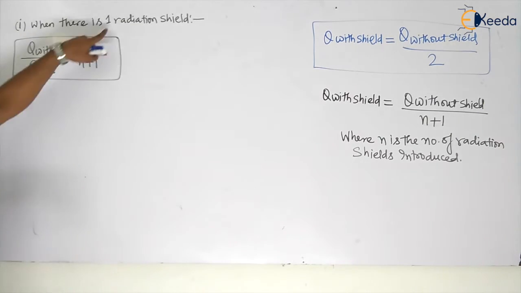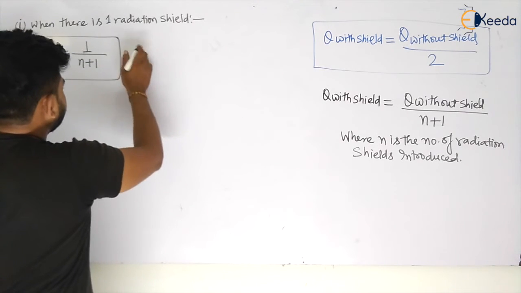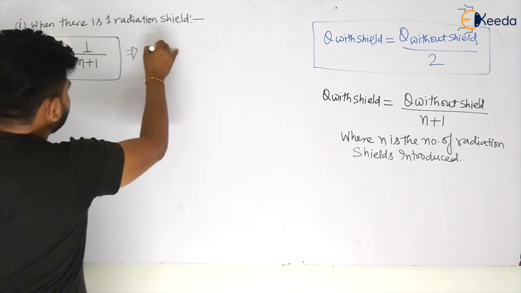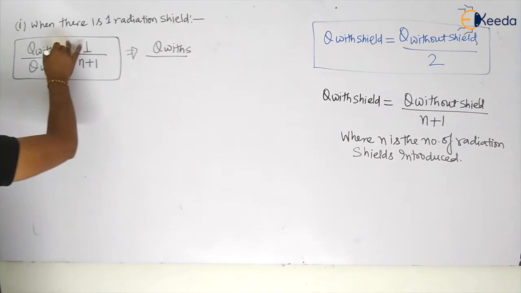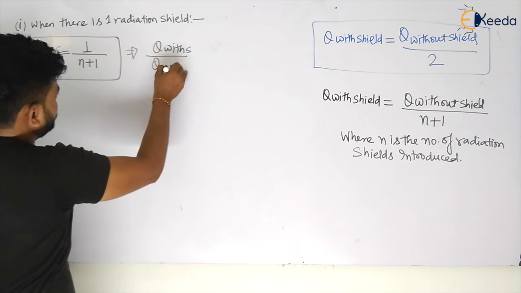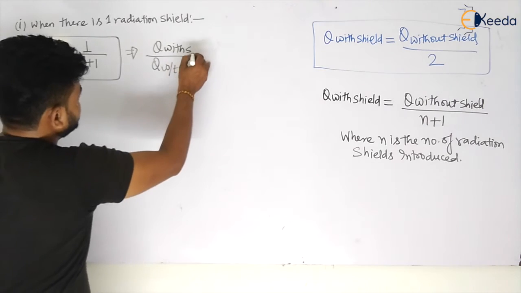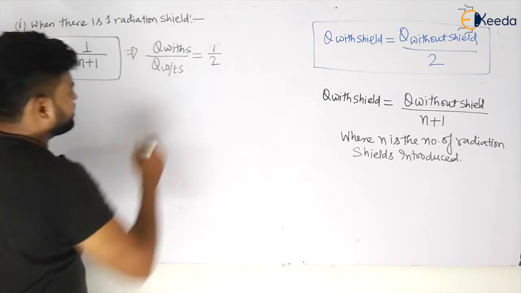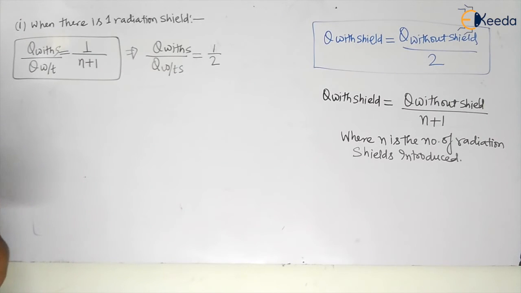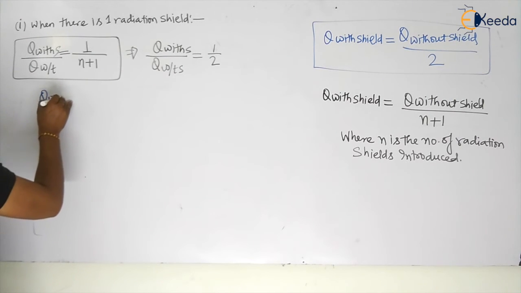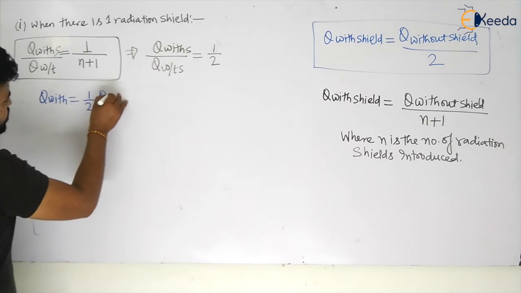So if I am introducing only one radiation shield, this will become equal to 1 by 2. That implies Q with shield divided by Q without shield is equal to 1 by 2. So Q with shield is equal to half of Q without shield.